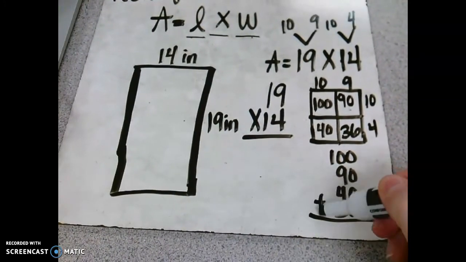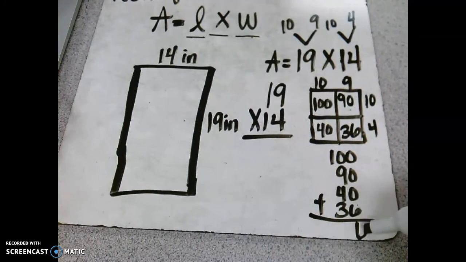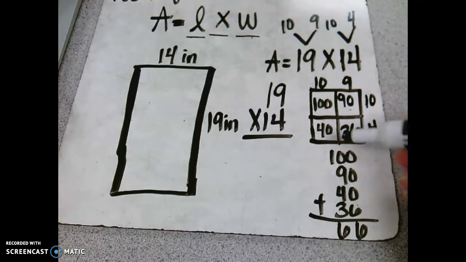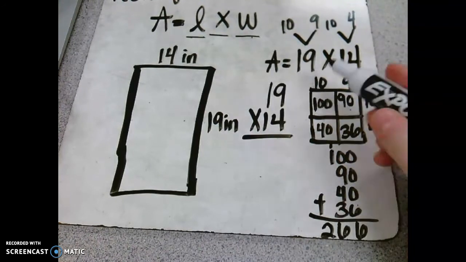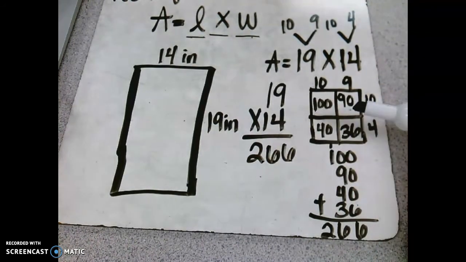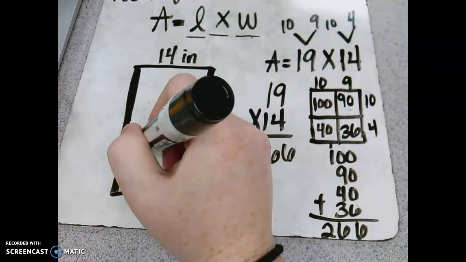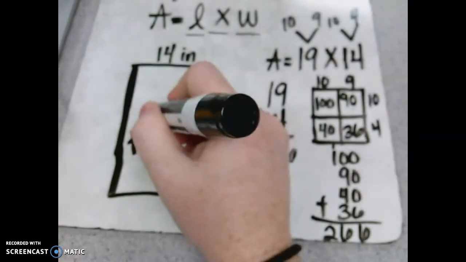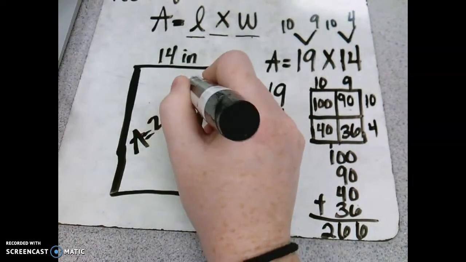Okay. 6 plus 0 is 6. 4 plus 3 is 7. 7 plus 9 is what? 16. Good job. Carry our 1. 1 plus 1 is 2. So 19 times 14 is 266. So the area for this rectangle is 266 inches.